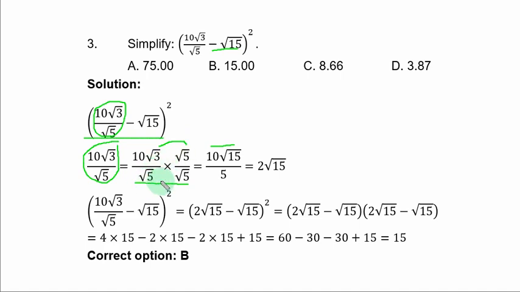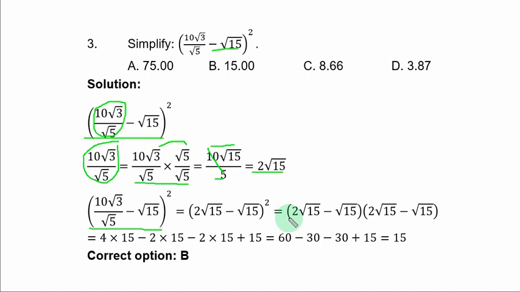Root 5 times root 5 is 5. If you divide 10 by 5, you have 2 root 15. So this is the whole problem, and let's replace the first term with 2 root 15. So you have bracket open, 2 root 15 minus root 15, bracket close, squared.